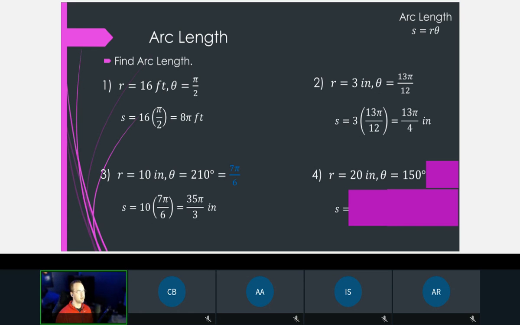So 35 pi over 3. Did anybody actually get that answer? Because I saw the two answers I got were not this. Looks like a couple people did. Actually, nobody. Looks like George did. Yep, George got it. Jacob got it.